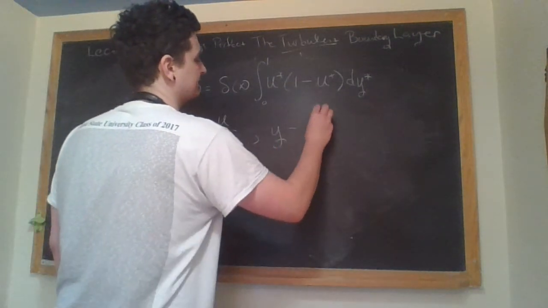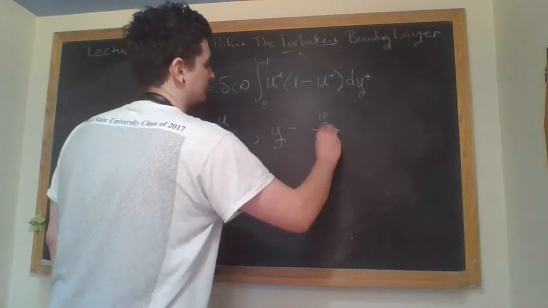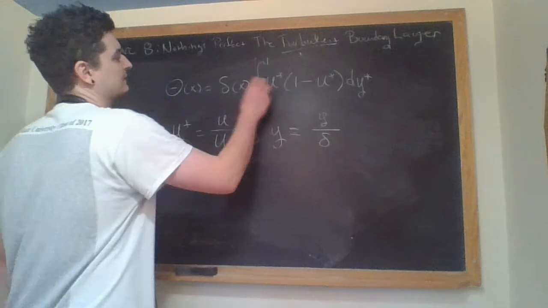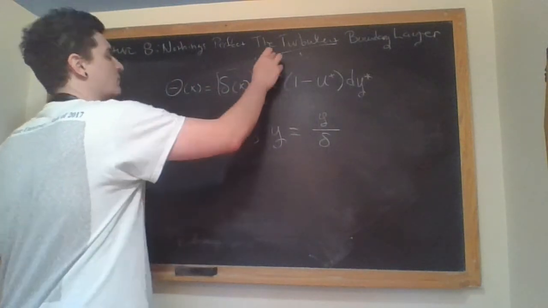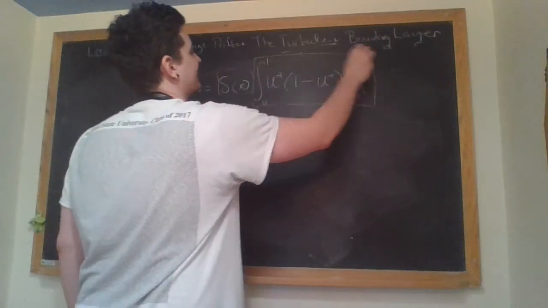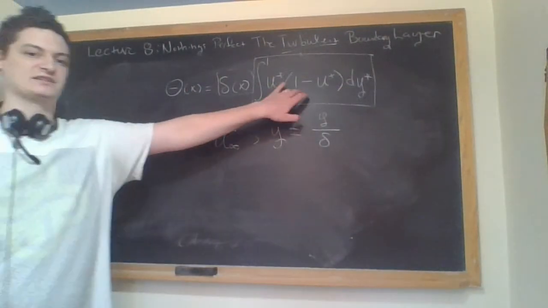You guessed it, y divided by the boundary layer thickness, so that's that. So all that happens is this pops out. We integrate from 0 to 1 now, and now this integral is a non-dimensional quantity. So sometimes that's actually easier to substitute in or actually just calculate.